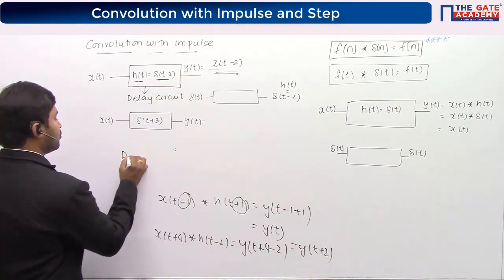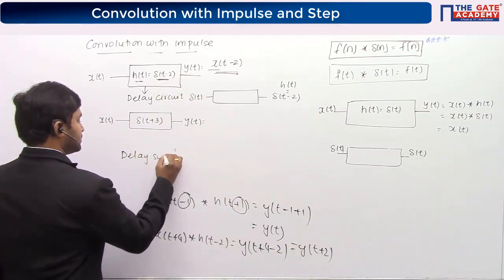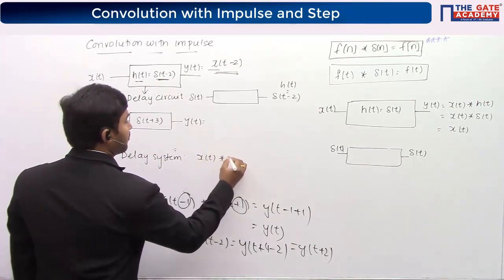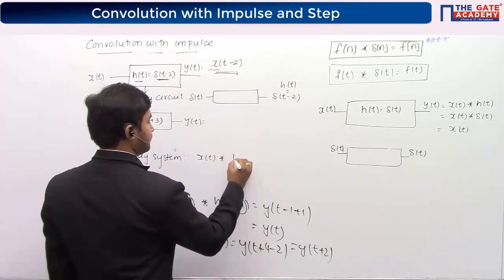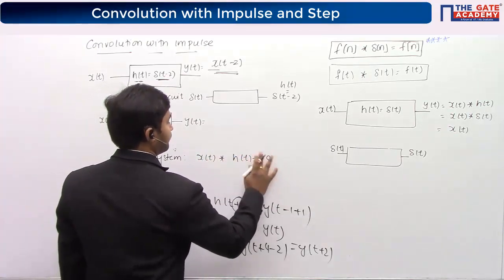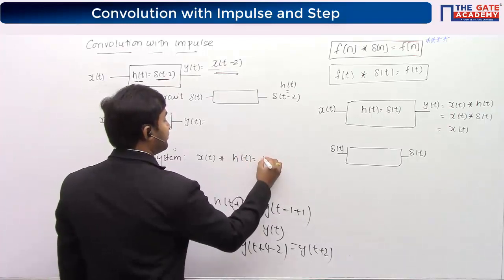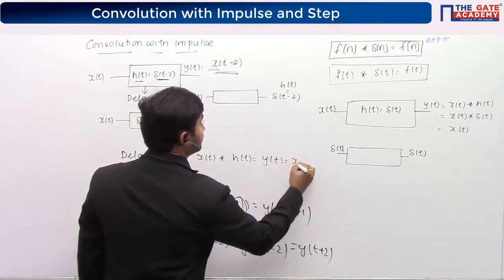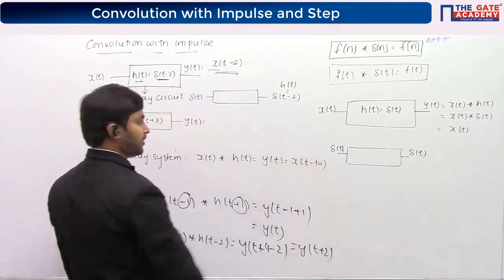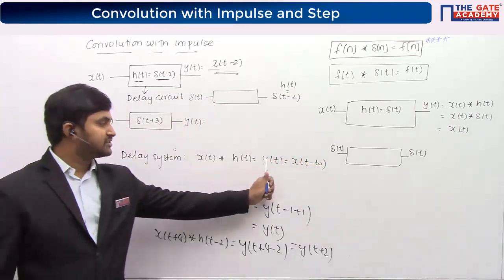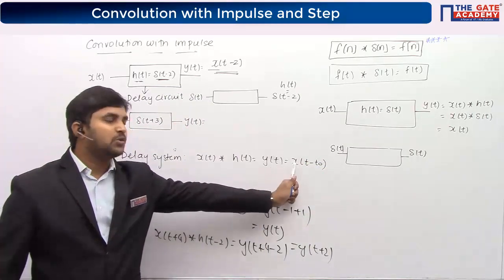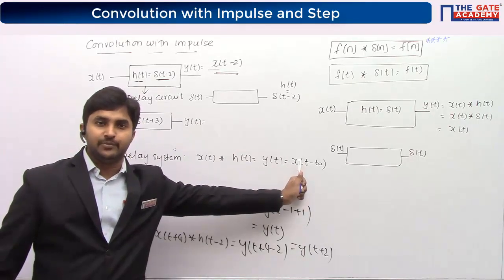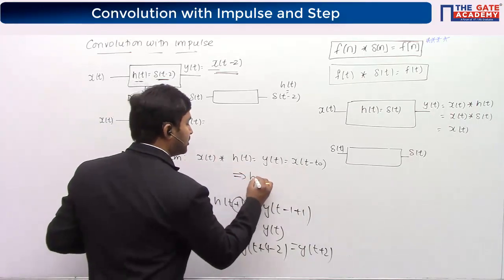So whenever you want a delay, x of t convolved with h of t is y of t. If you want your output to be equal to the delayed input, then your h of t should be what?